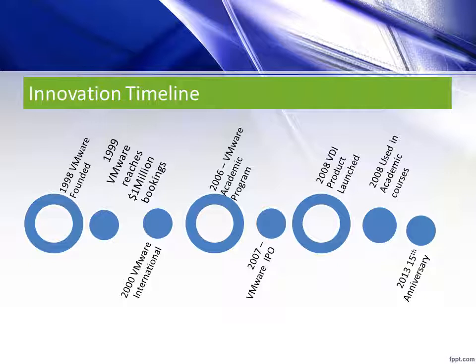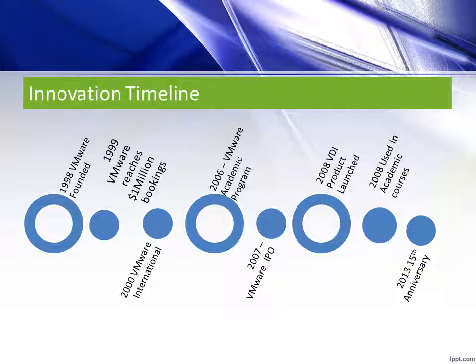This is the knowledge stage of VMware virtualization products. Within a year, $1 million in booking was obtained, and shortly after, the company pierced the international market by opening a branch in the UK. By this time, companies were already persuaded and made the decision to adopt the innovation.